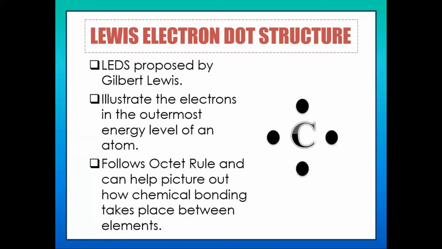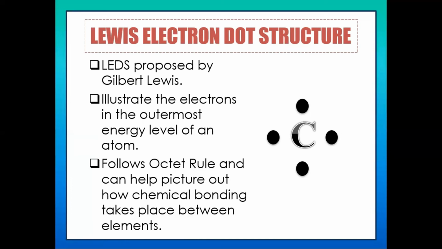So this is how you illustrate the LEDS or the Lewis electron dot structure. So why are there 4 dots? For carbon, you have to remember the element symbol. Around the element symbol, you have to put dots, and the dots represent the electrons. Okay?